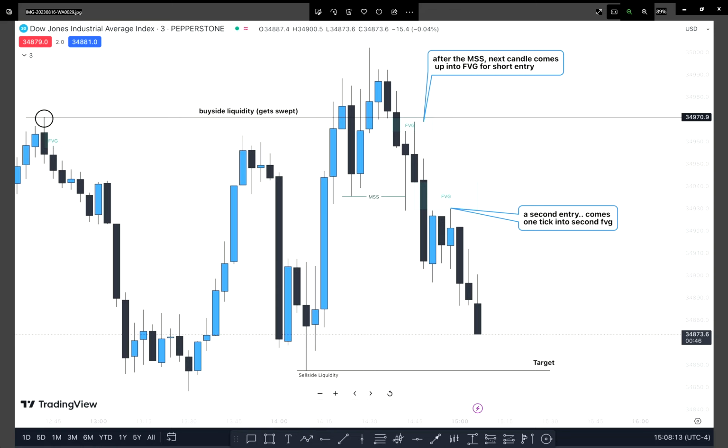Basically, they just want to take the buyers' money for themselves. They want to take all the retail money and sell into that. And obviously, banks have more leverage and more liquidity, so they can control the market.